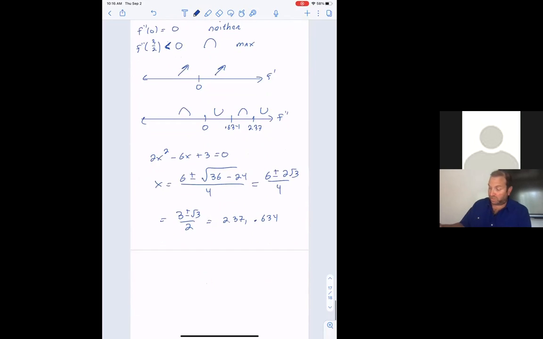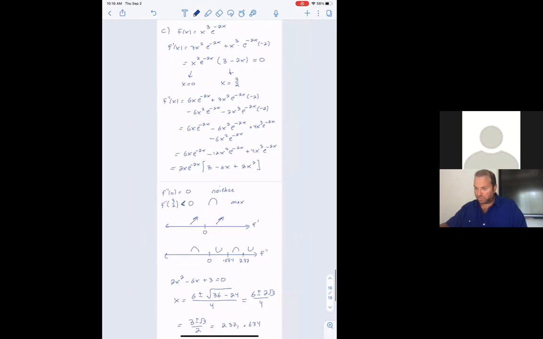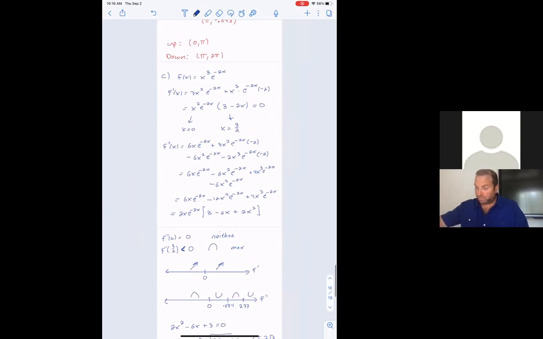So the points of inflection are going to be 0 comma something, where it changes sign. 0.634 comma something, where it changes sign. And 2.37 comma something, where it changes sign. What are the y values? If you go back to the original function, 0 will of course give me 0. 0.634 to the third power times e to the negative 2 times that number.